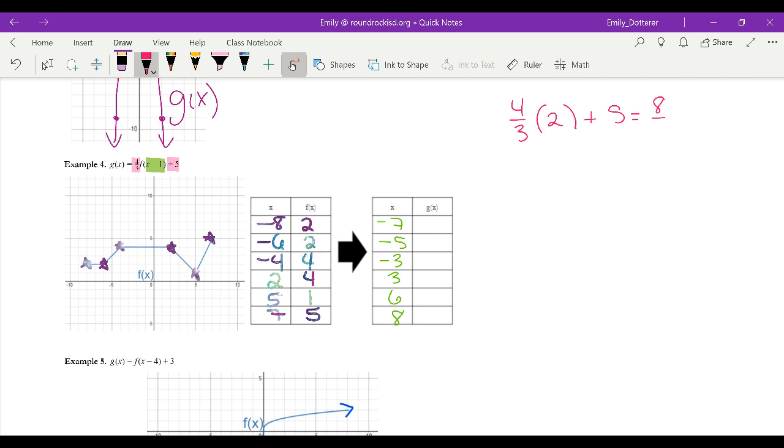Four-thirds times 2 is 8/3. 5 is the same thing as 15/3 because 15 divided by 3 is 5. And so we know the next one's going to be 23/3 as well.